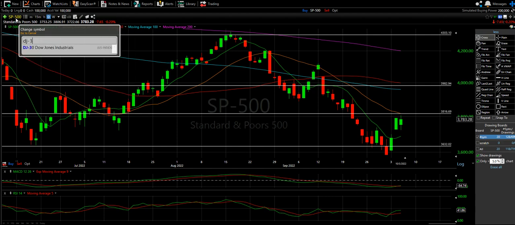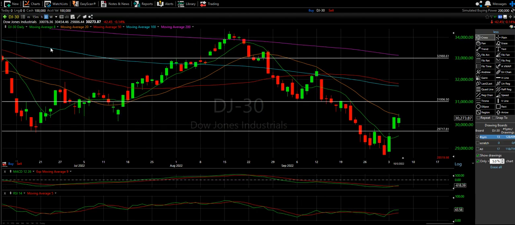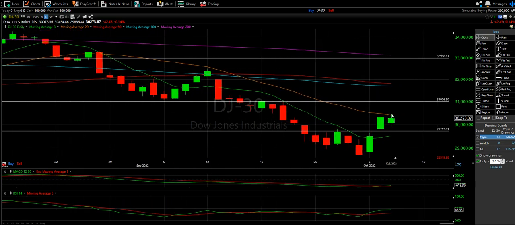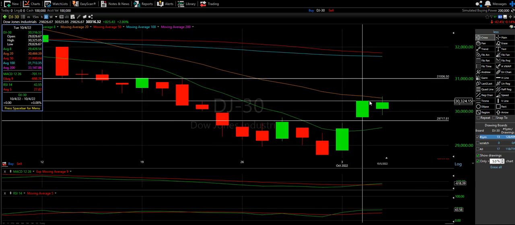Last up, let's look at the DJ30. Same thing, right? So this one's a little bit of a mixed bag. We actually did close over the 20 and fail. Did not right here, and again, still haven't. This one actually got over it at some point in the day, but definitely closed under, and just like the other two, I just wish we closed a penny, just a penny, right, over yesterday.